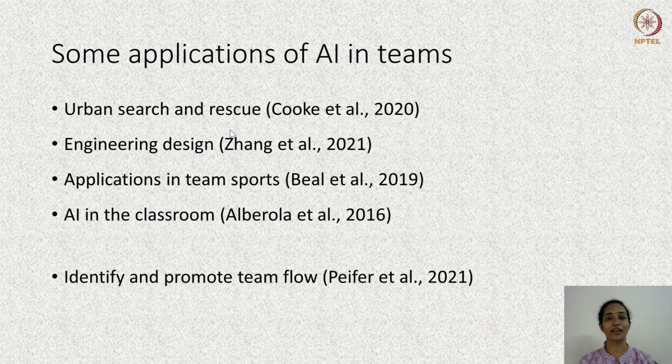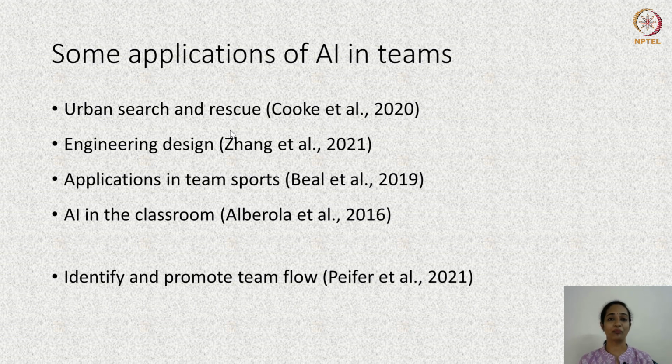What are some of the common applications of AI in teams? Well, we are all very familiar with AI in urban search and rescue teams. We have seen robots which go ahead of the team members to scour buildings which are damaged and look for survivors. We have also AI being used in engineering design.